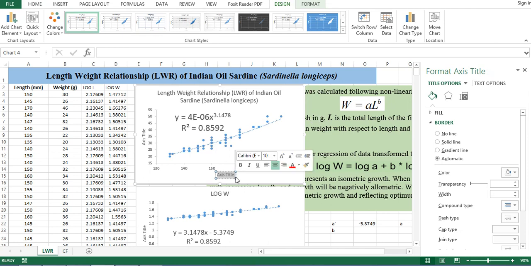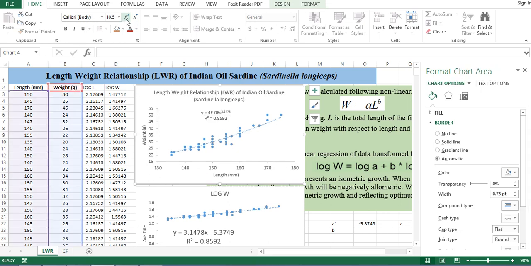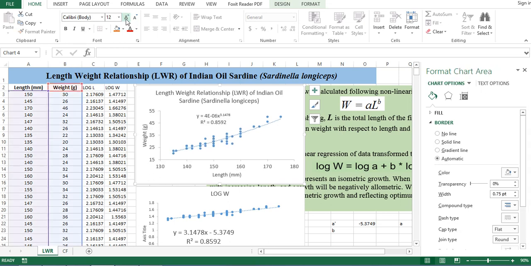Axis X is your length in millimeter, and your Y is your weight in gram. So here we are almost making this. Okay, so now it looks good.